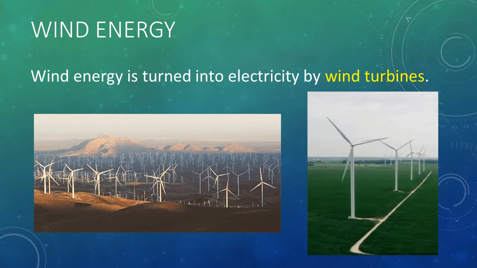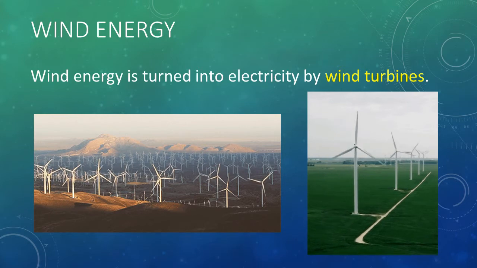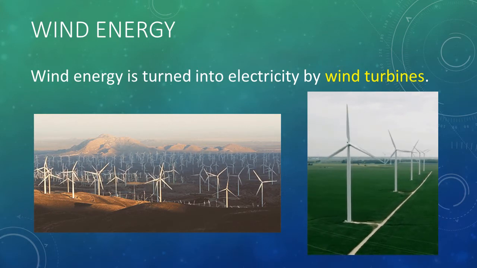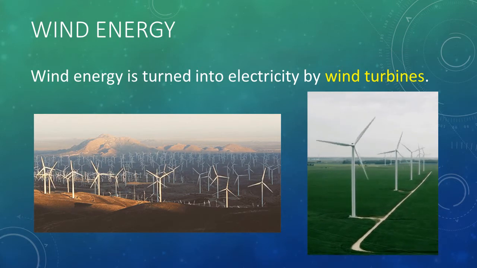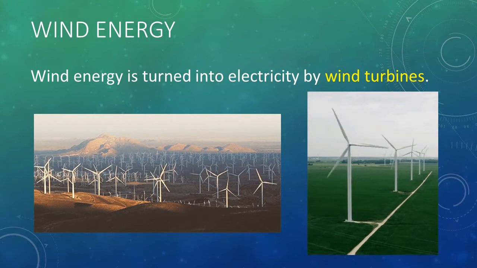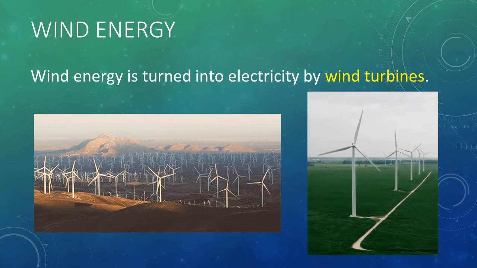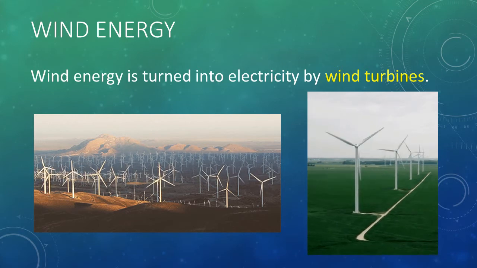Of course, the big ones you may see in the countryside generate a substantial amount of electricity, but smaller wind turbines, perhaps in the city, can do the same. So what we want to know is how these work.